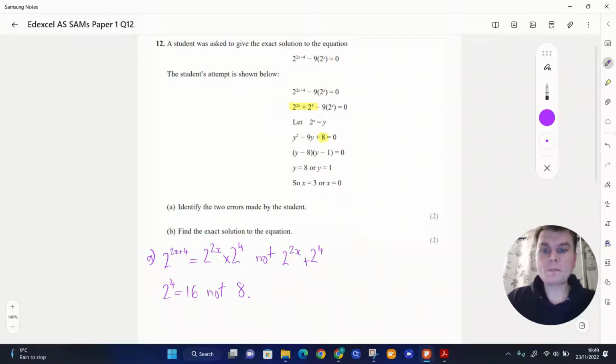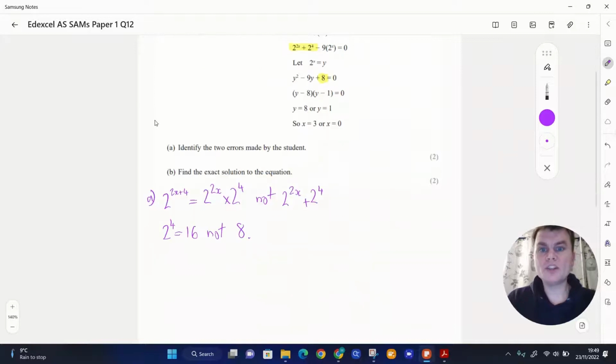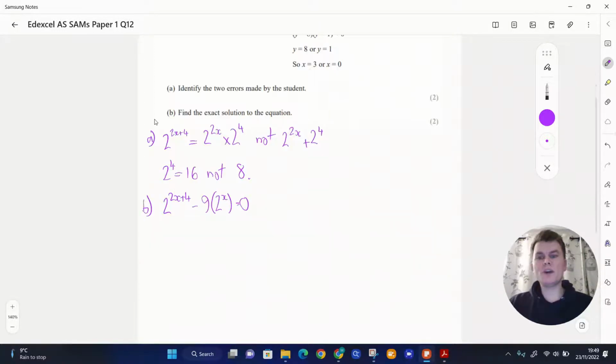Okay. Part B asks us to essentially just find the exact solution to the equation. So we start off with the original question, and we are going to split this using the laws of indices correctly.